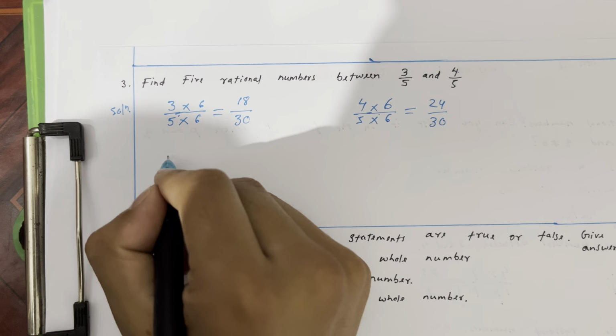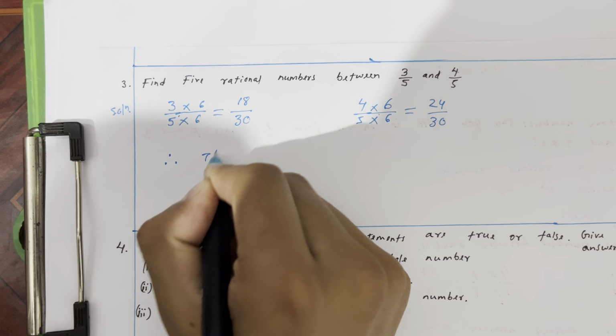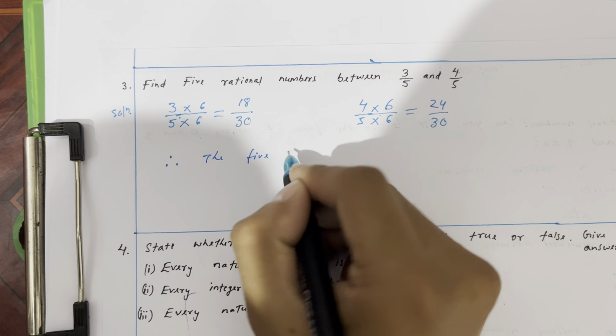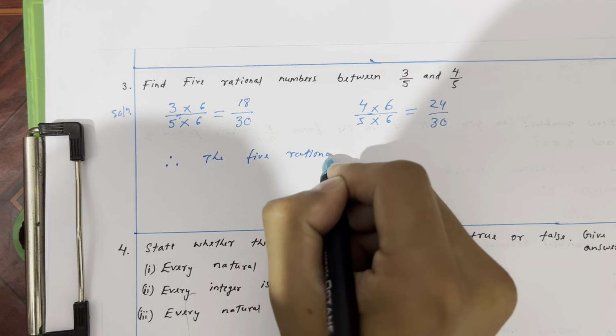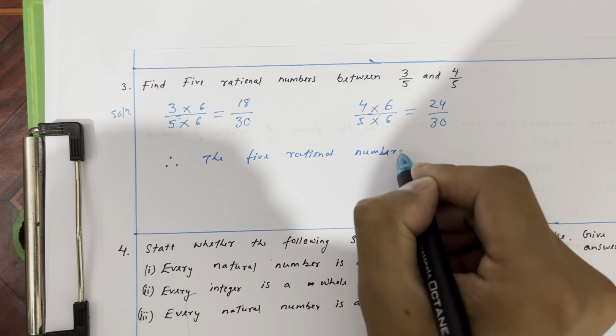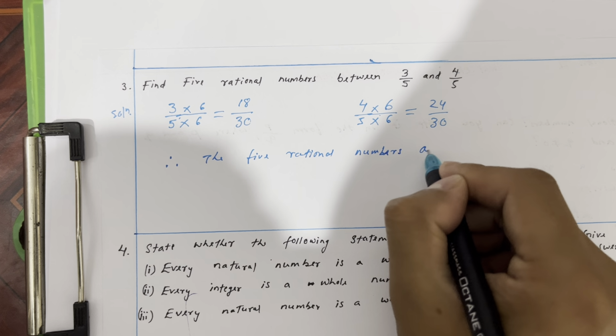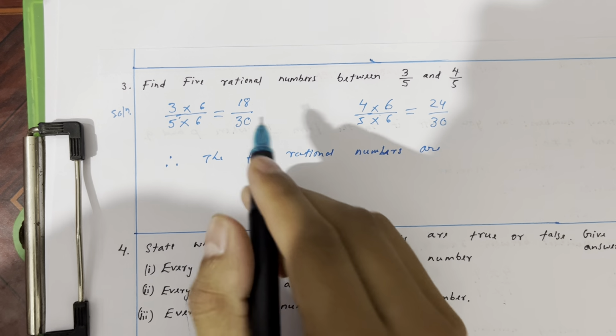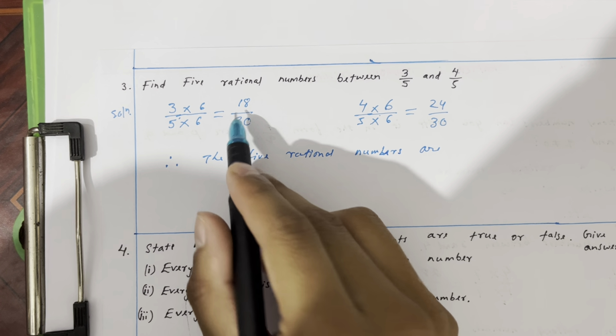Clear now? Then you write here, therefore the 5 rational numbers are. So 18 here, you should start by 19.